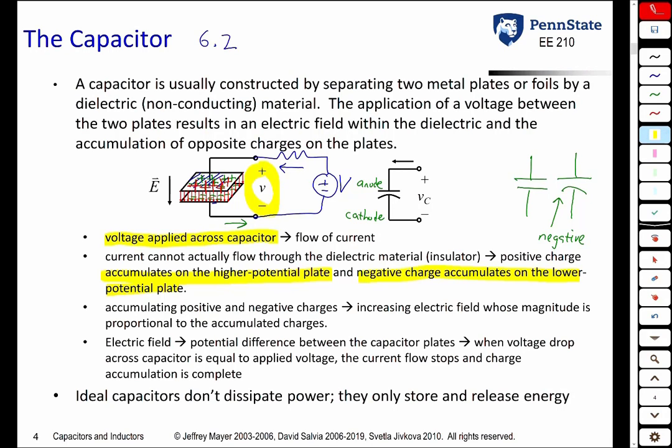That voltage counteracts the voltage being applied and slows the current. Eventually, when the voltage drop across the capacitor is equal to the applied voltage, the current stops and the charge accumulation is complete. The capacitor just sits there holding positive charges on one plate, the anode, and negative charges on the cathode.